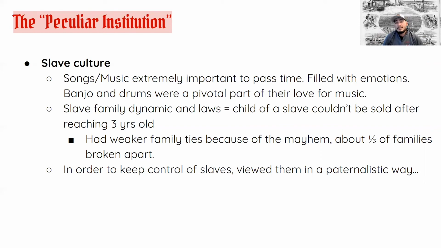Another interesting thing, of course, is the slave family dynamic and laws that are created, as they were very intentionally designed to keep African-American families broken. For example, a child of a slave could be sold after reaching 3 years old. The reason for this is to create a dysfunctional family tie system where African Americans have less that they're willing to fight for.